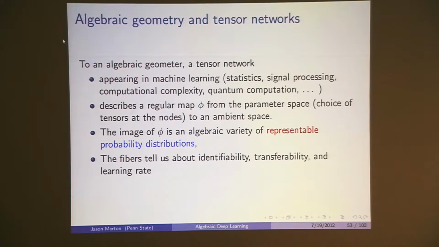So transferability: if we want to be able to take our parameters that we learn from one model and transfer them to the other, or we learn multiple parameters by finding a lot of local optima, and we want to say that they're all the same in some sense, that's a question about the group that acts on this fiber, or the symmetries of this fiber. And it also turns out, as I'll talk about at the very end, that these fibers can tell us something about learning rate, generalization error, and performance of the model.